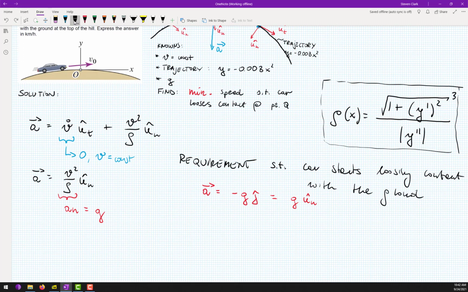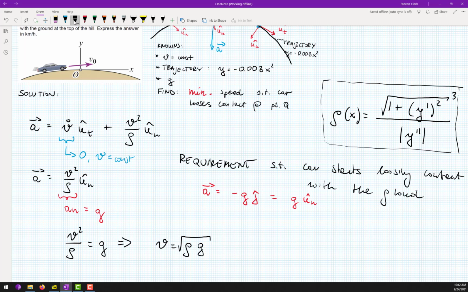So we have this expression. And what is your name, by the way? John. Okay. v squared over rho is equal to g, so v is equal to the square root of rho times g. We know g, but we don't know rho.